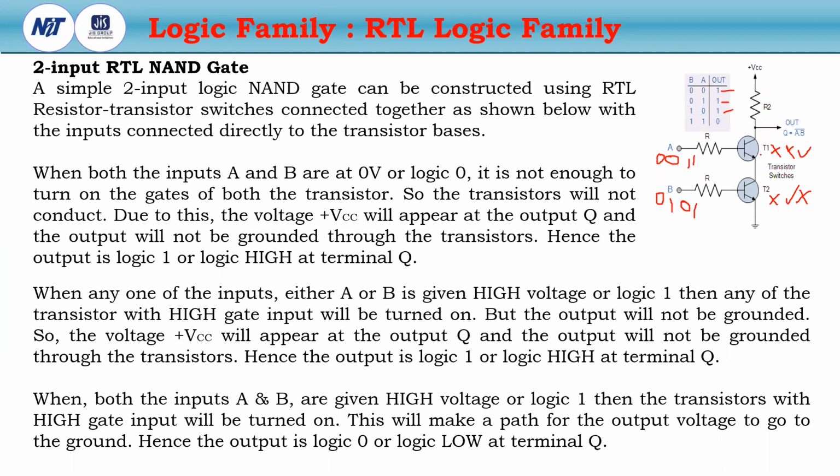So the output will be transferred to the ground through these two transistors. For this reason, the output will be 0, because VCC minus IC times R2 is equal to Vout. So if a maximum voltage drop occurs due to the generation of the current, then the output will be logic 0. This is the basic operation of the NAND gate.